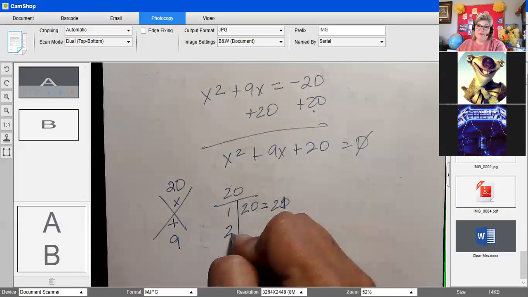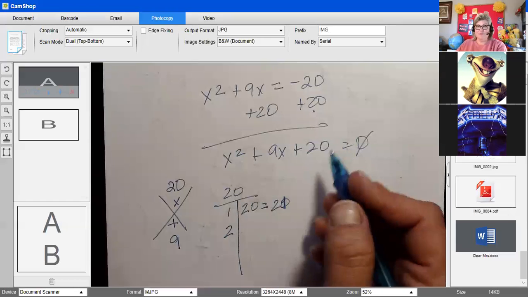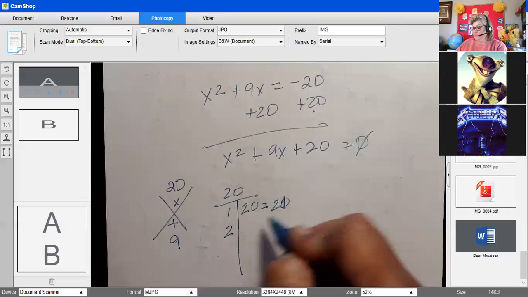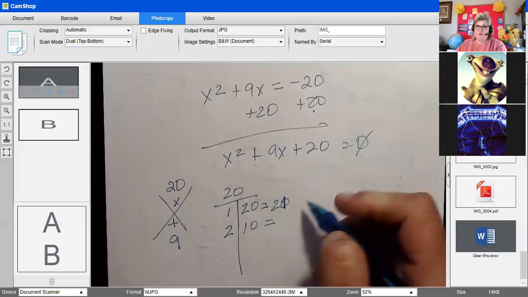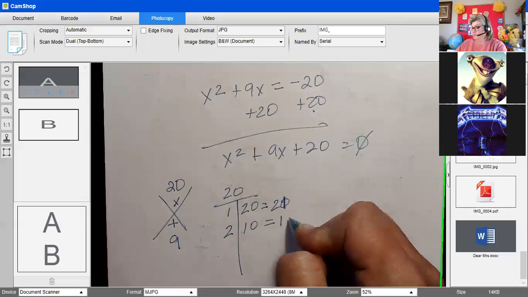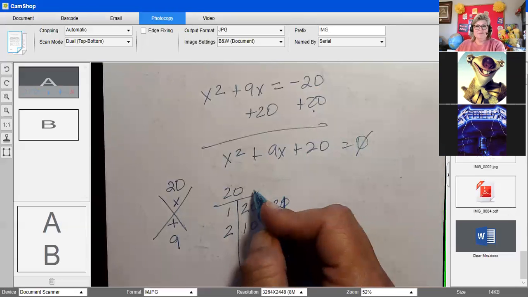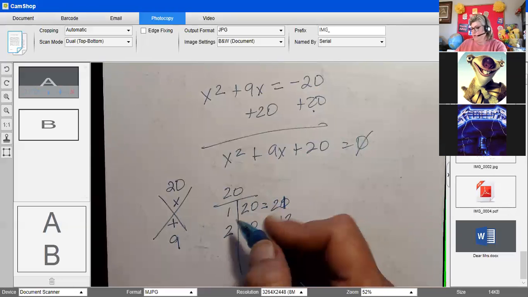2 times what equals 20? 2 times 10. If we added those together, what would that be? 12. Will 3 go into 20? No. What about 4?